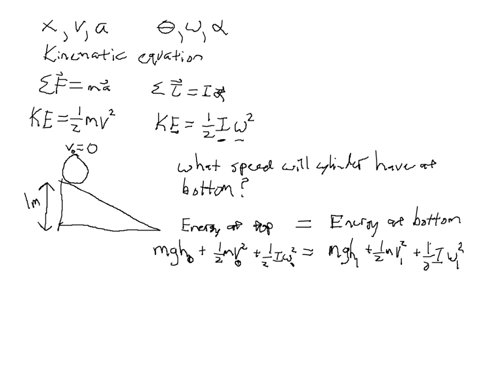Now, this time, since we said that it's not moving when it starts out at the top, the kinetic energy term will be 0 because v0 is 0. And if it's not moving, it's not rolling either, so the rotational term will also be 0.